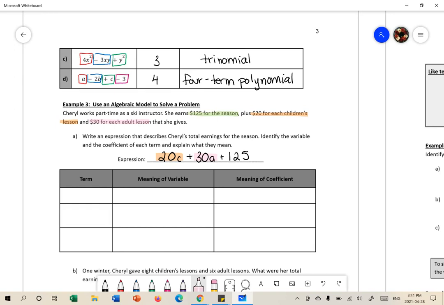We multiply that by 30 because that's how much she charges for one adult lesson. So 30A, we read it as 30A, but we understand that that means 30 times A. Same with 20C. We understand that that means 20 times C.